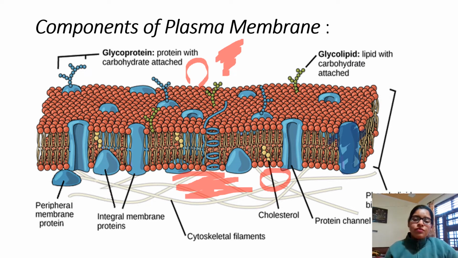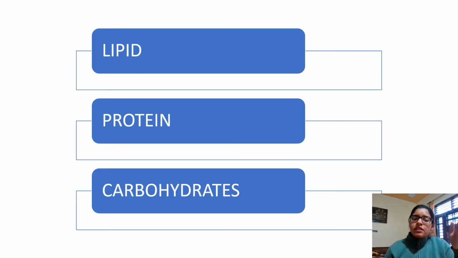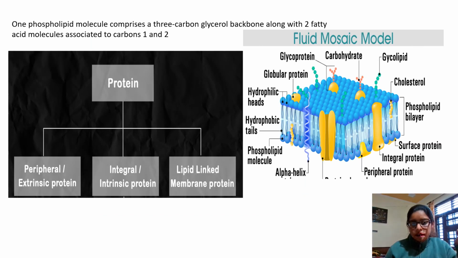And after that, carbohydrates: I have already told you that carbohydrates are present in glycoprotein form or glycolipid form, and the composition of carbohydrate is only 5 to 10%. I have already discussed that proteins are present in the lipid, and the composition is lipids, proteins, and carbohydrates.